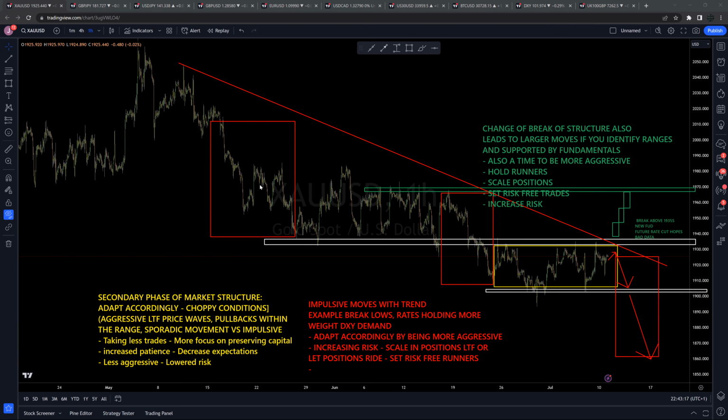If you know gold's bearish and you're taking advantage of sells, it's very difficult to be net losing when you're having these impulsive moves down as a day trader or scalper. Most people are losing money in these situations where you have secondary phases of market structure, aggressive pullbacks or consolidations that can last days, weeks, sometimes even months.